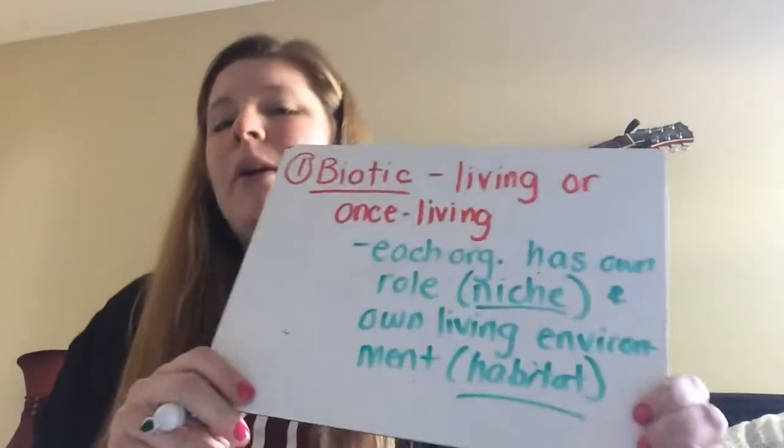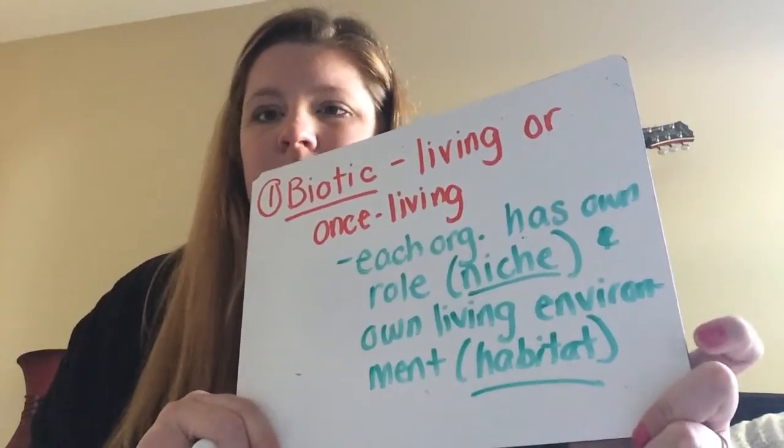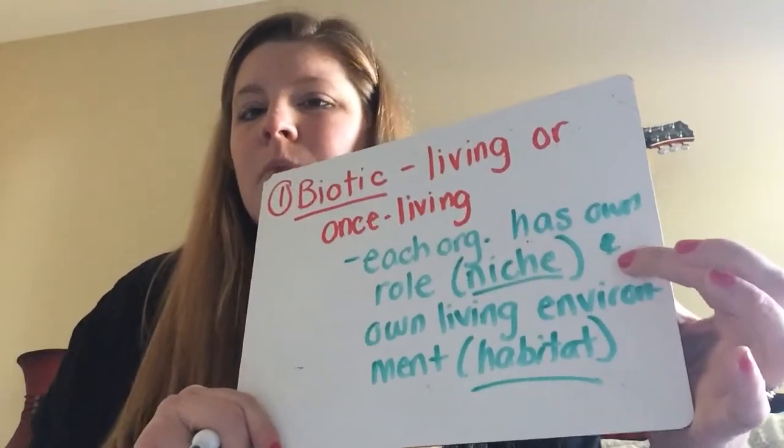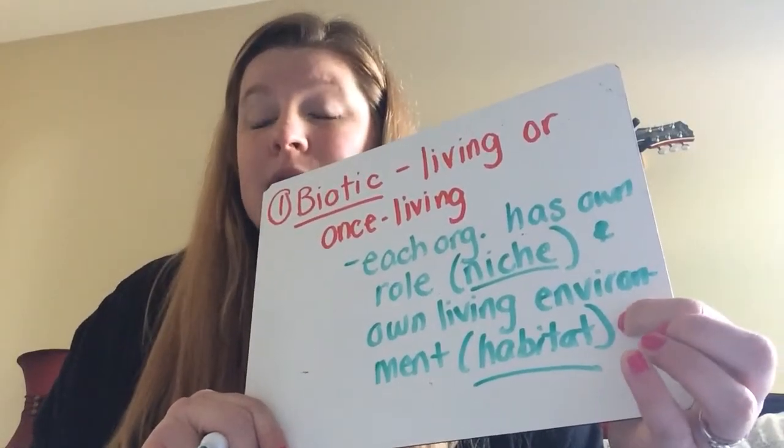Okay, so in an ecosystem, each organism has its own role, niche, and own living environment, which we refer to as a habitat. So that's another one of your vocab words, habitat. You probably are aware what a habitat is, but when it's biotic and it's an ecosystem, each living thing in that ecosystem has a role that it plays, a niche, in its own habitat.